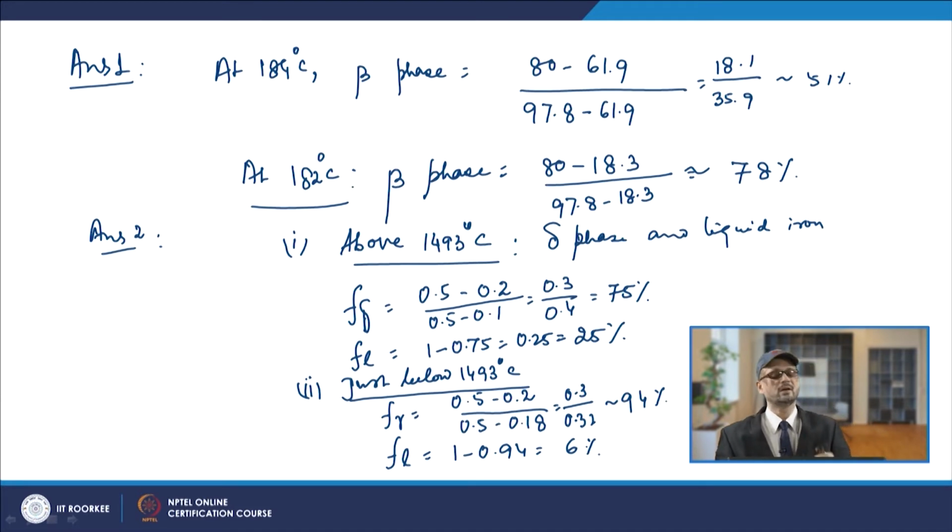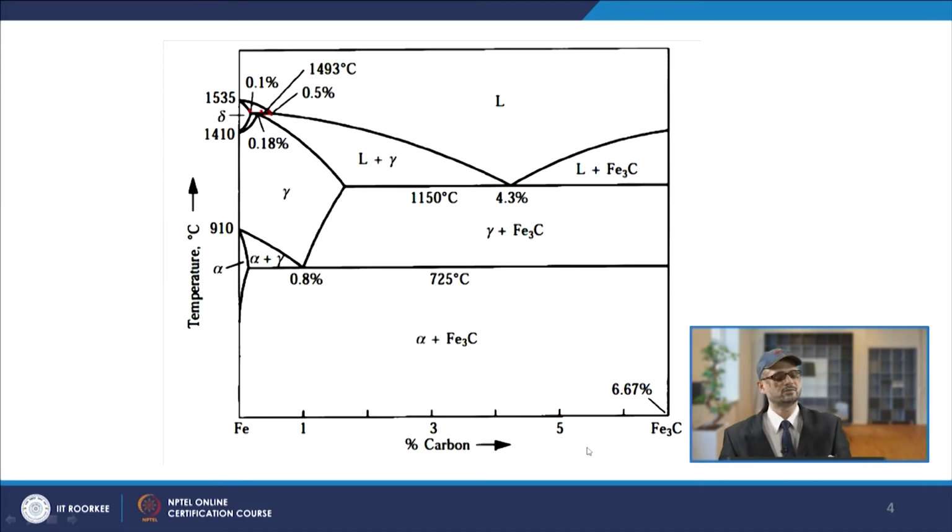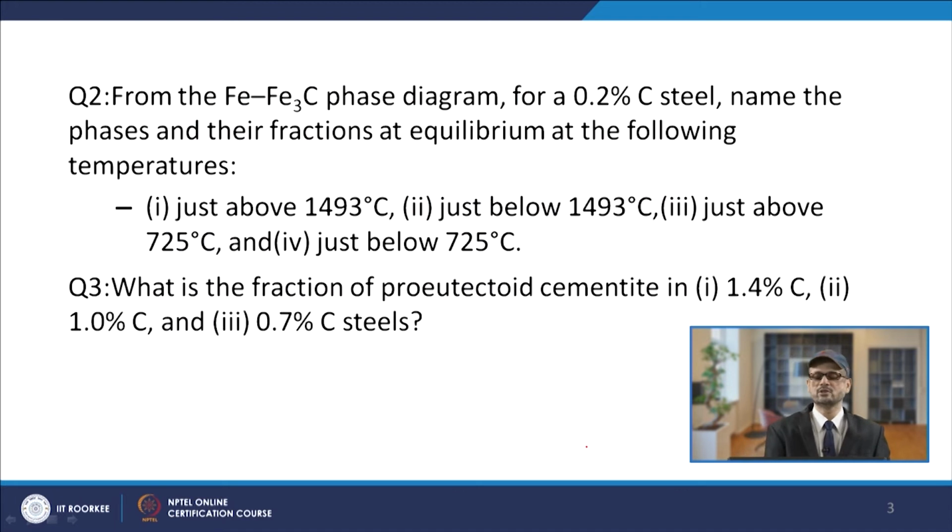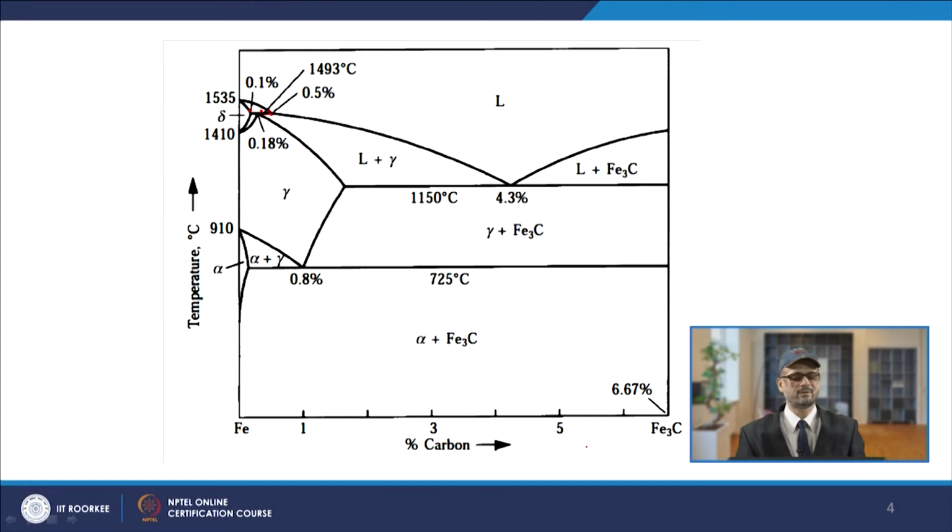So, next, in this question, you have to find just above 725 and just below 725. So, if you go above 725, and that too for 0.2% carbon, in this case you are getting alpha plus gamma.